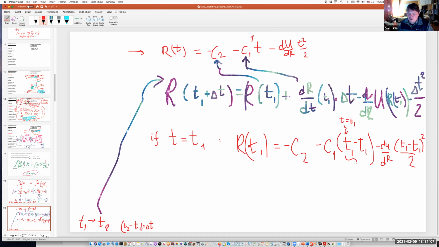So this is 0, right? Subtraction of a number from itself. Therefore, the second term will be 0. t1 minus t1 is 0. The square of this is 0, so the last term is also 0. Okay. From here, we see that C2 must be equal to r of t1.